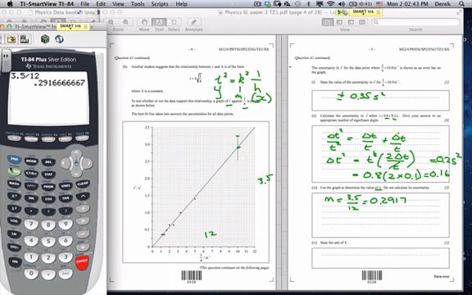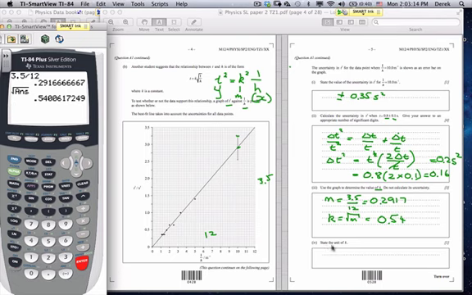Then I'm going to take the square root of that because your k squared is equal to m, so k will be the square root of m. So I'm going to take the square root of my answer, and I get 0.54. So my k, which is equal to the square root of m, is equal to 0.54. And I'll leave it like that.